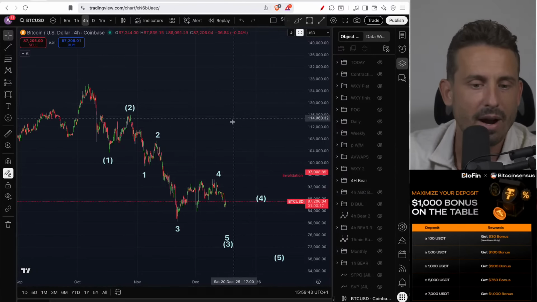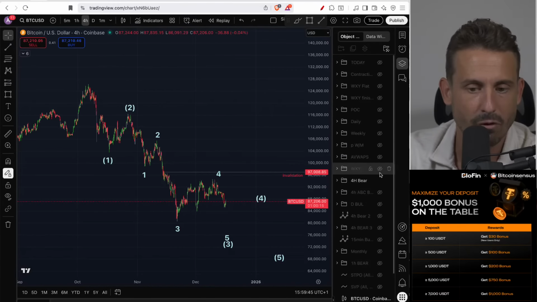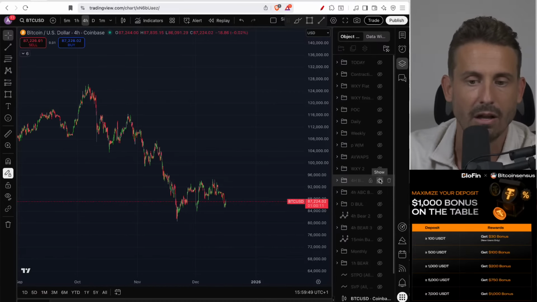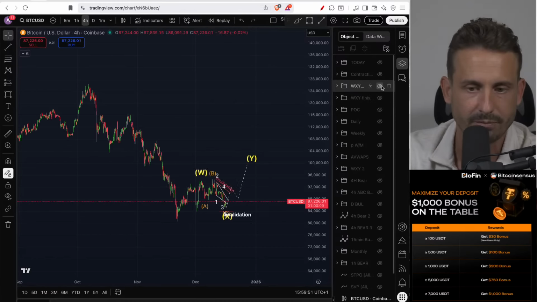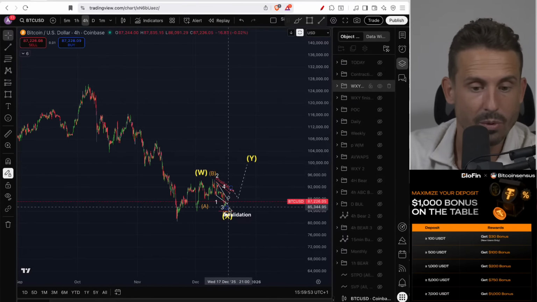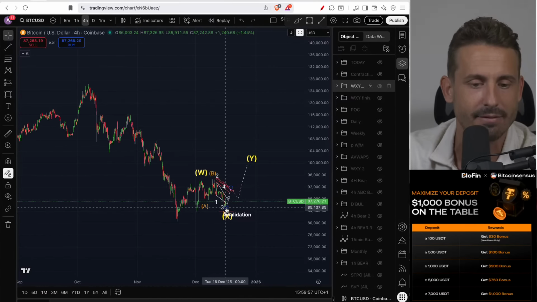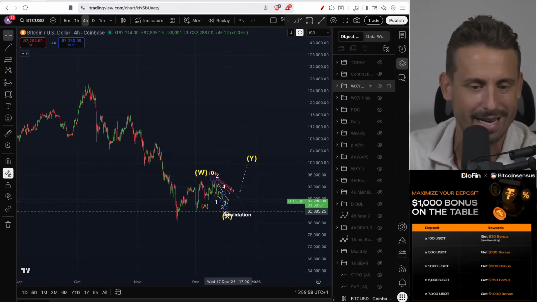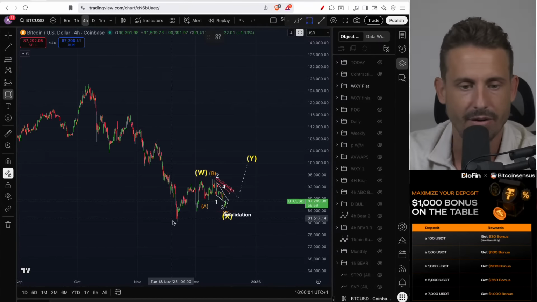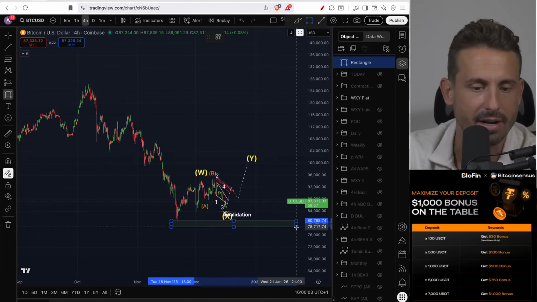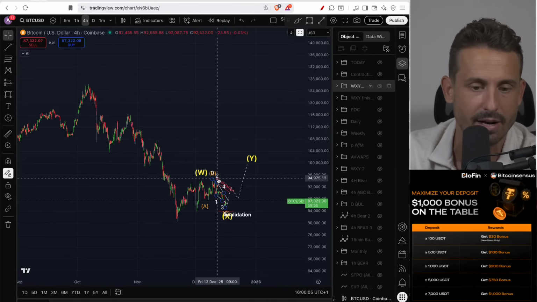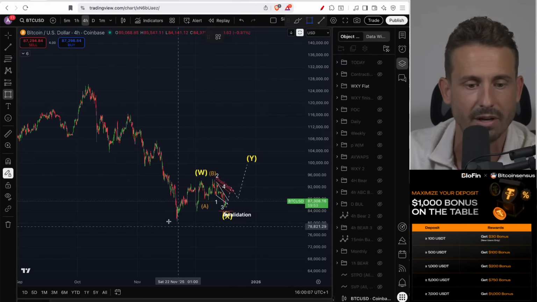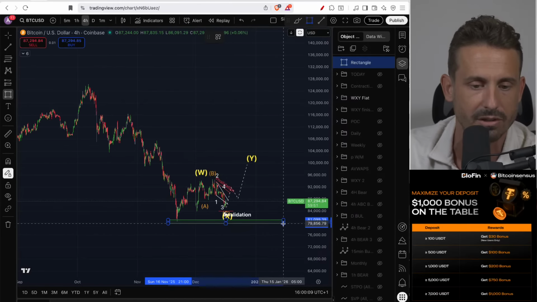However, if the price has to form the other scenario, which is a larger WXY, we don't have much room to the downside. 84k is the invalidation. If 84k is hit, the probabilities are very, very high that the local high is in at 94k, and we are looking for the drop below $80,000.